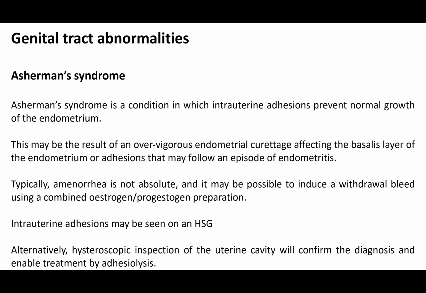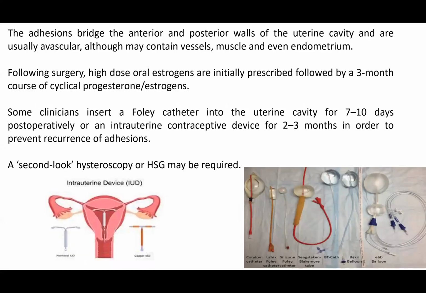The intrauterine adhesions could be seen on hysterosalpingogram. Alternatively, a hysteroscopy could be used for diagnosis and at the same time diagnose and treat at the same session. The adhesions, as I mentioned, can involve the anterior and posterior wall. It may contain vessels, muscle, and endometrium.